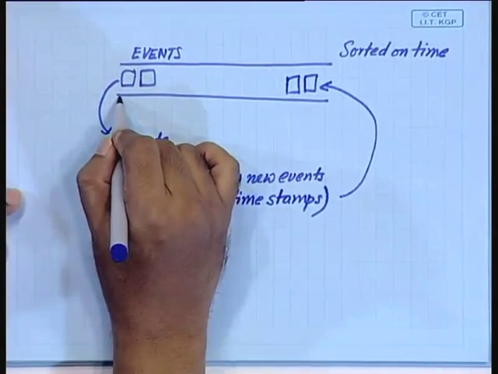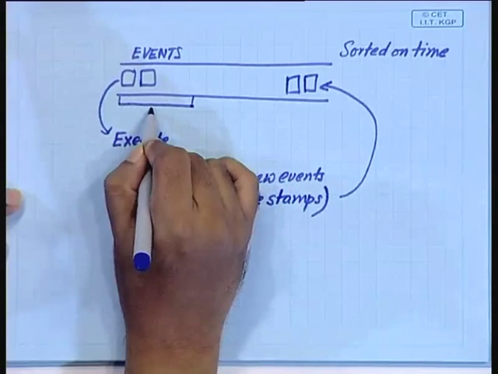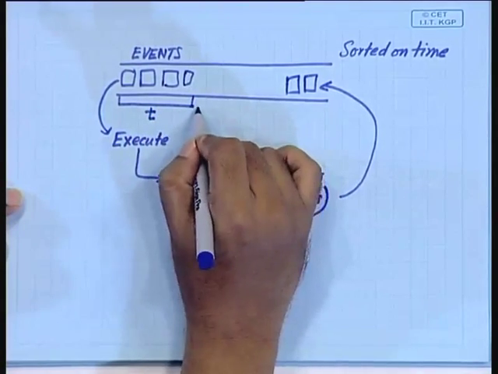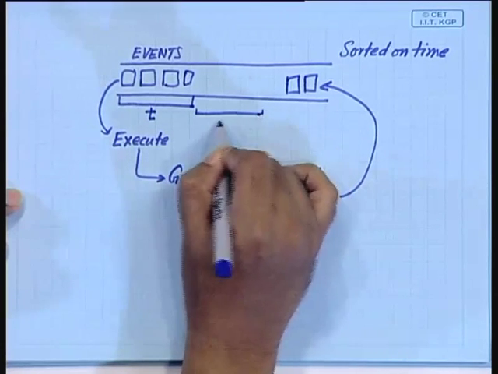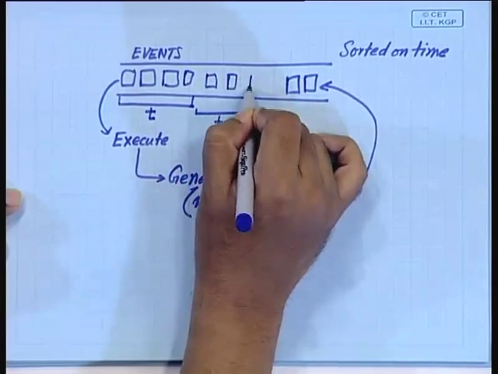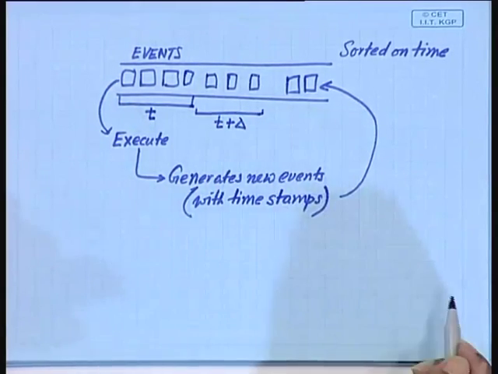So, you might see that for one value of time t there can be one set of events, then for another value of some t plus delta there is some another set of events, and so on.